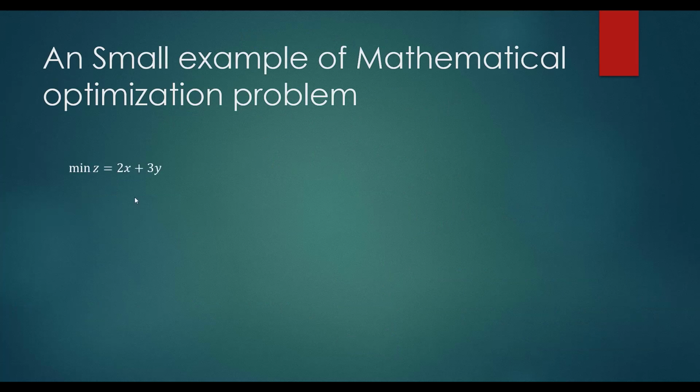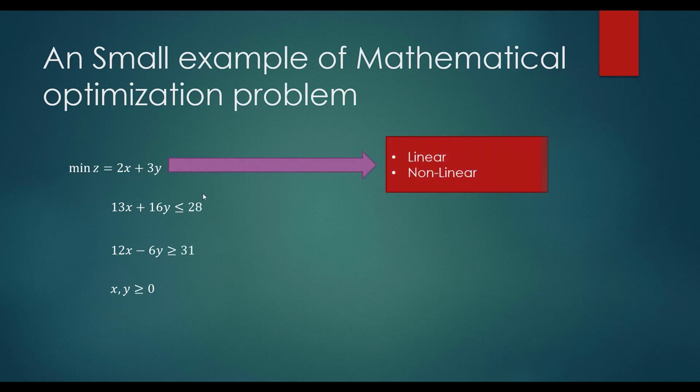This is a small example of a mathematical optimization problem. It is a minimization problem, min z equal to some coefficient times x plus 3 times y. We have two constraints and two decision variables, x and y, which are real or continuous. This objective function is linear, but bear in mind that it could be non-linear for some problems. The constraints here are linear equations, but they could be non-linear.